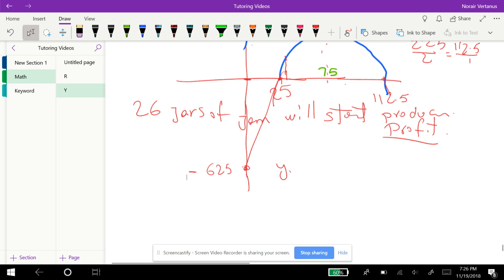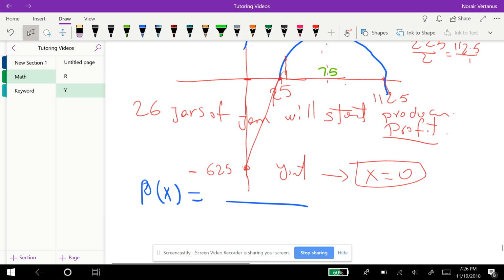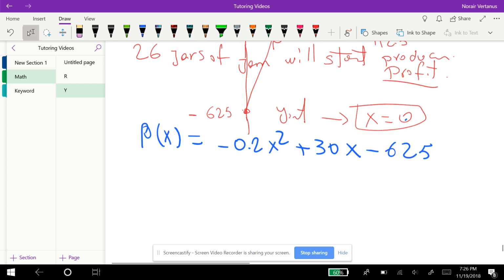How do you get this y-intercept? If you want to find the y-intercept, put x equal to 0 into the function. This was the function: P of x equals negative 0.2x squared plus 30x minus 625. If you put 0 into this, 0 squared times negative 0.2 cancels, and plus 30 times 0 cancels too.